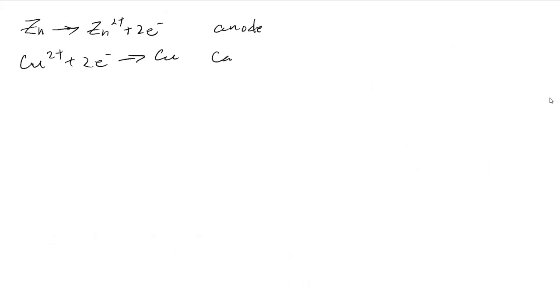So if I go back to my cell with copper and zinc, I have zinc in that half reaction going to zinc 2 plus 2 electrons, and I have copper 2 plus 2 electrons going to copper, and we identified this as the anode and this is the cathode, and this has a E0 reduction of minus 0.76, and this is 0.34.